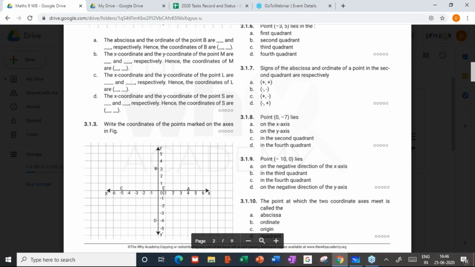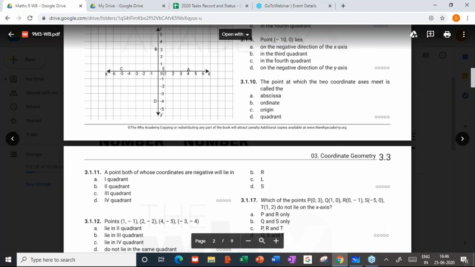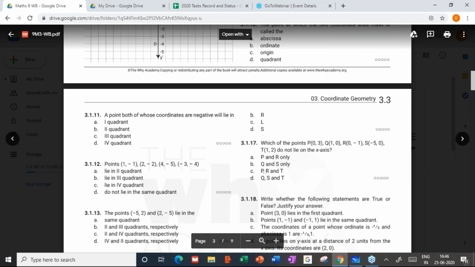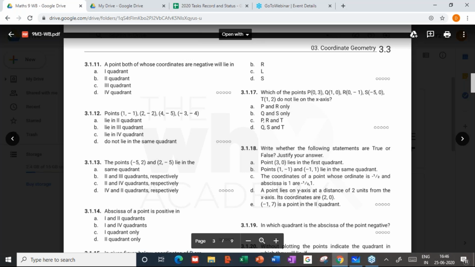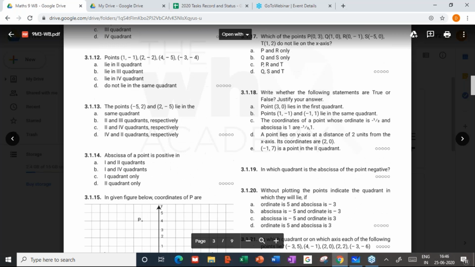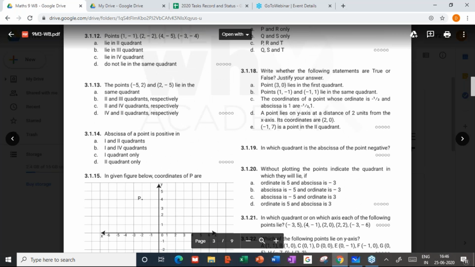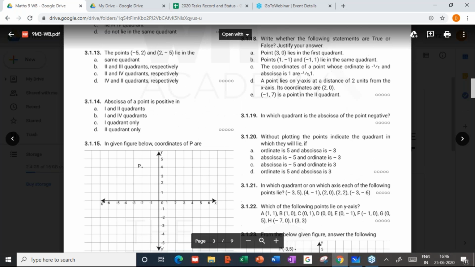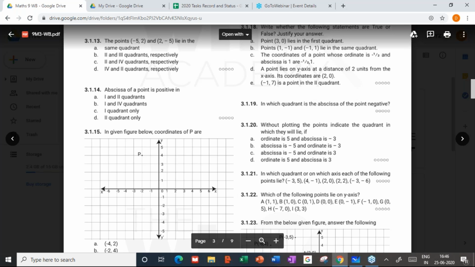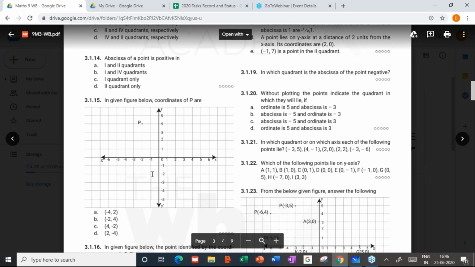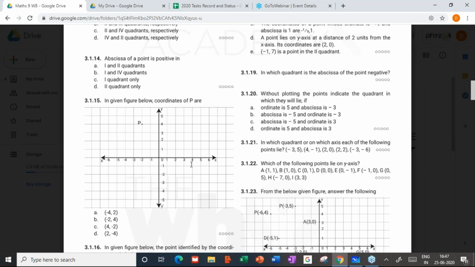Let's see what else we can do. Okay, they are all simple. I want you to tell me this one. 3.1.15, coordinates of P are. Let me see if you have got it or not. Awesome, Atharva.